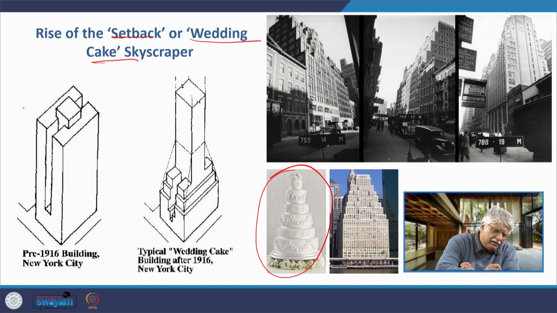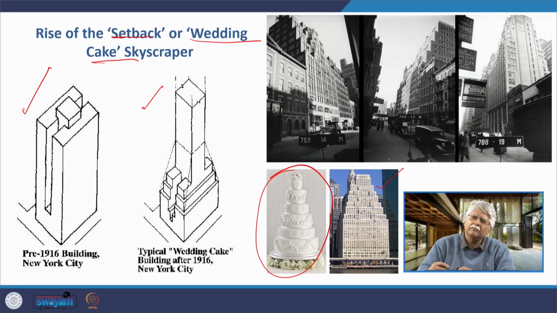So if this was the pre-1916 New York skyscraper, this became the post-1916 skyscraper, and this completely changed the way skyscrapers are coming up there. For example, this is a very classic example of a setback skyscraper.